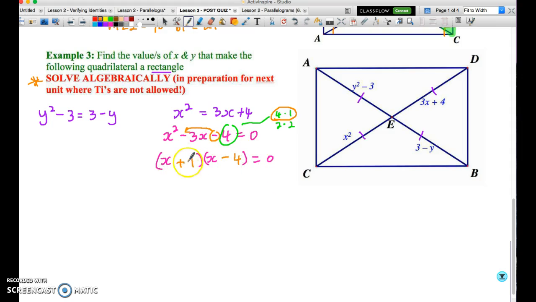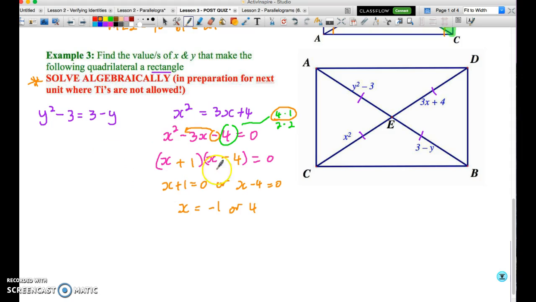And so we end up with x plus 1 times x minus 4 equals 0. That means that x plus 1 must be 0, or x minus 4 must be 0. When the product of two numbers is 0, one of them must be 0. And finally, that allows us to get our two answers, minus 1 or 4 for x.